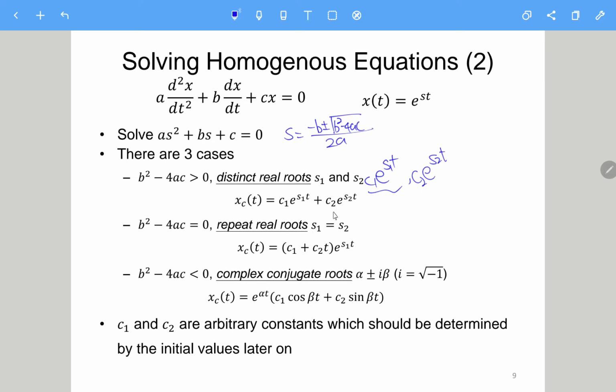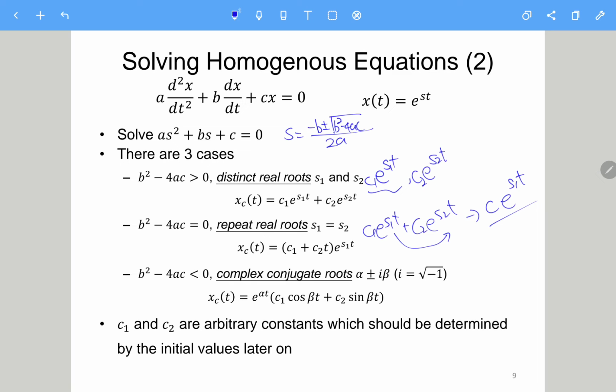So s1 equals s2. So now we cannot write the solution to be c1 exponential to s1t plus c2 exponential to s2t anymore, because s1 and s2 are the same. So this one and this one are actually the same, so which is something like c times exponential to s1t.